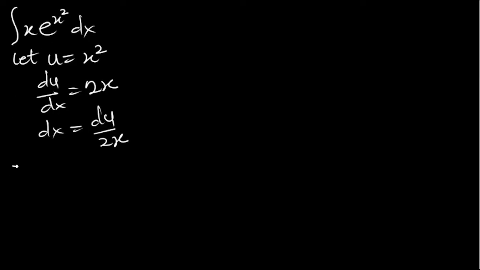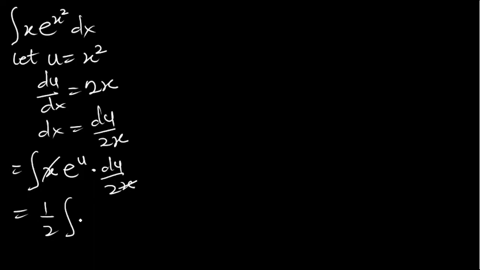I'll begin to bring it back. This is going to be the integral of, remember you have your x here, this whole thing is u now, and the dx is now du on 2x. Because we are now trying to work in u's, this x can take care of this, giving you the integral, and I'll factorize this 1 on 2 out.